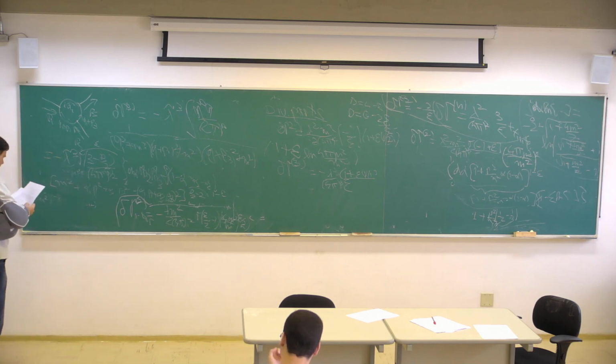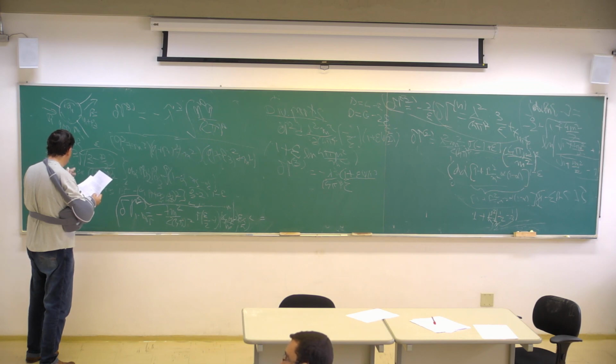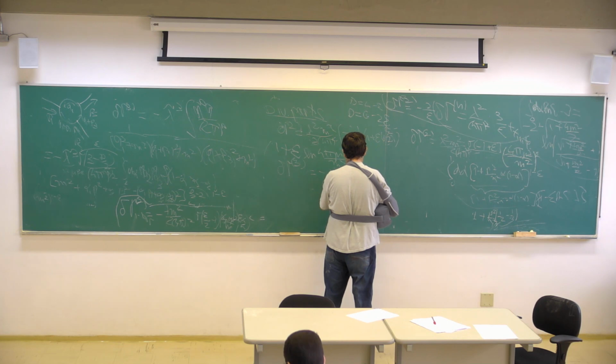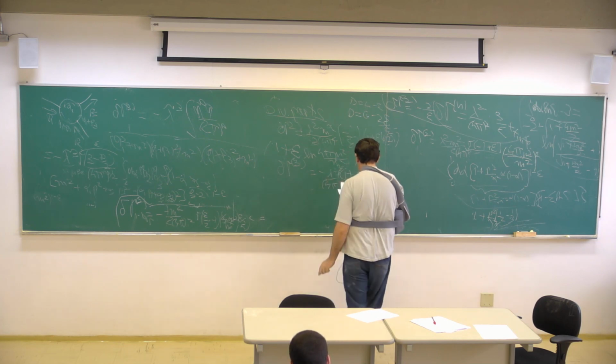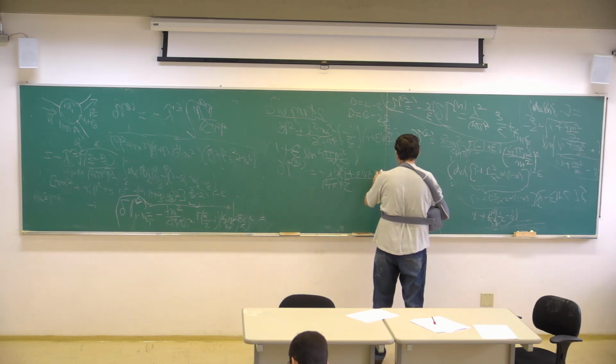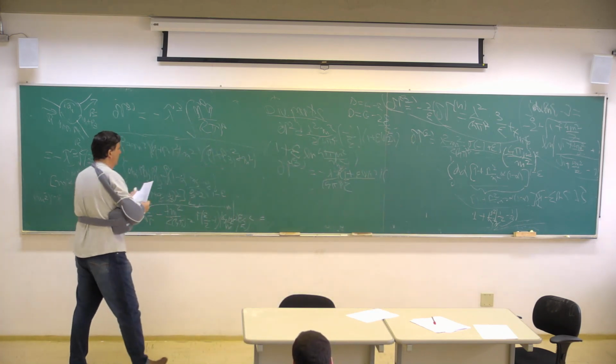Oh, something is amiss here. Well, anyway, I think I leave mu to the 2 epsilon, not epsilon, unchanged, and then I form the same combination that I formed everywhere.